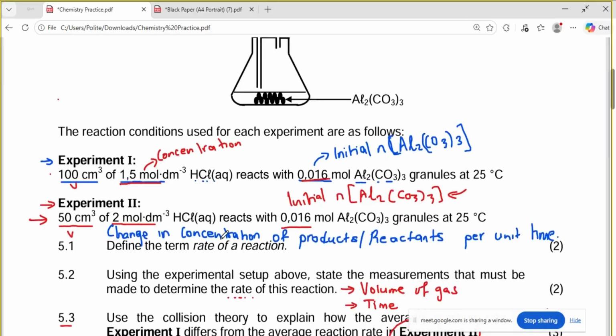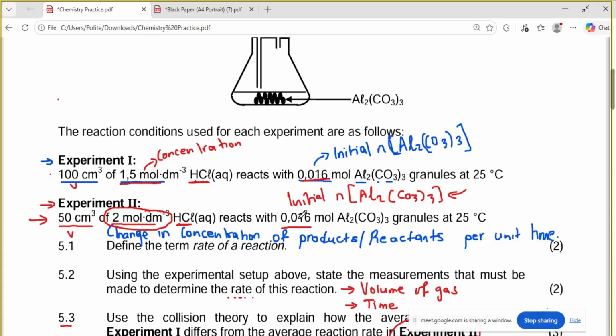So I'll focus on experiment 2, the concentration. Experiment 2 has more concentration than experiment 1. So since it's more, this tells you that experiment 1 has less HCl, and in experiment 2 we have more HCl. I hope you understand that part.